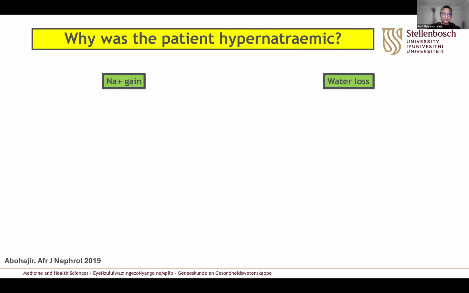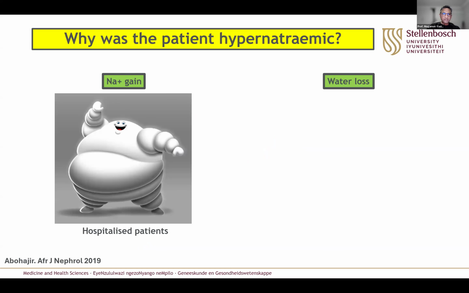And as I've mentioned, when sodium content has increased, water content has increased. So if the hyponatremia was due to a gain of sodium, the patient would have been edematous.